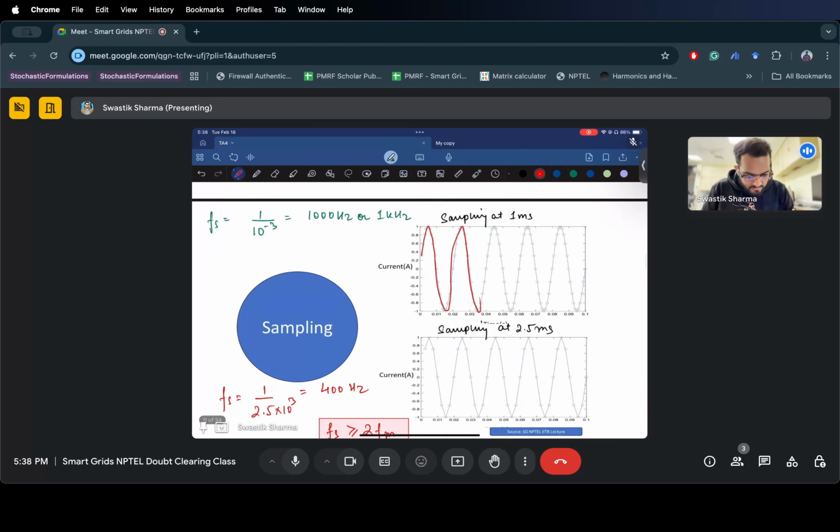Now, if we check this curve, what is the time period? Can anyone tell me?